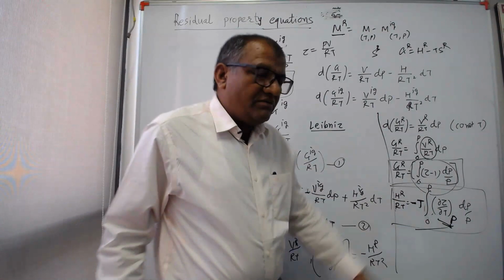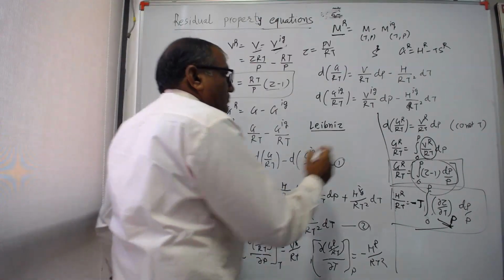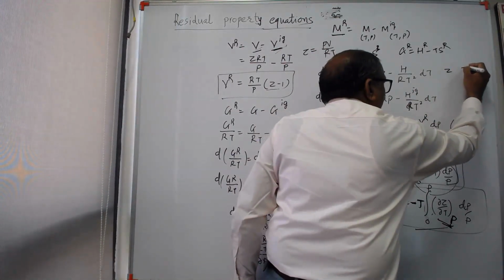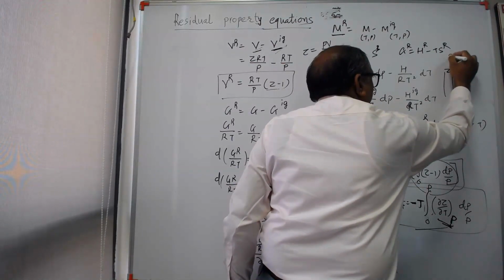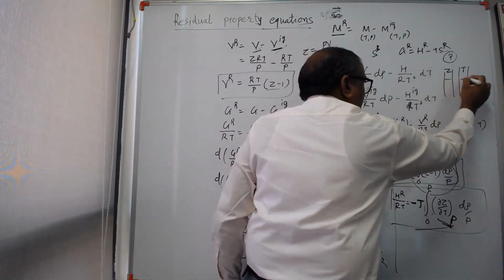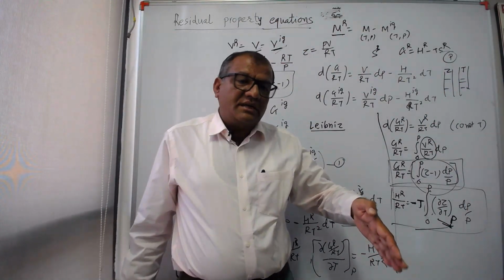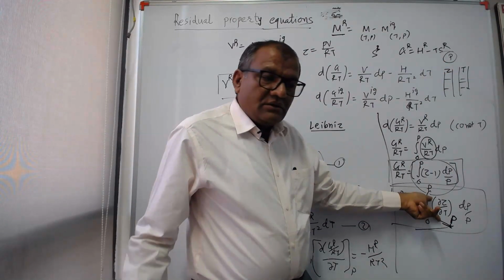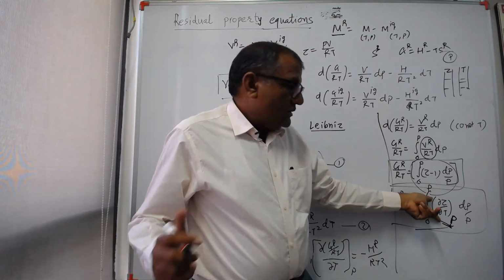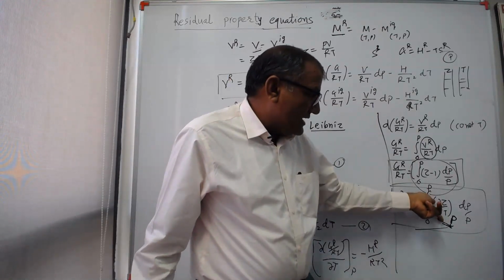If you have data of Z versus temperature at one pressure, these are the different values. So just plot Z versus T at constant pressure and find the slope of that curve at constant pressure. That is one value of this derivative.